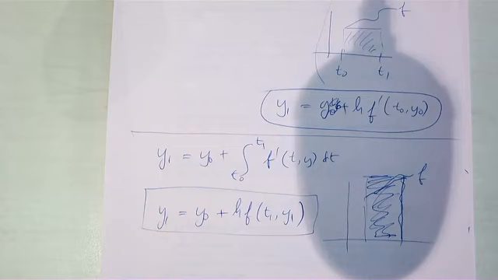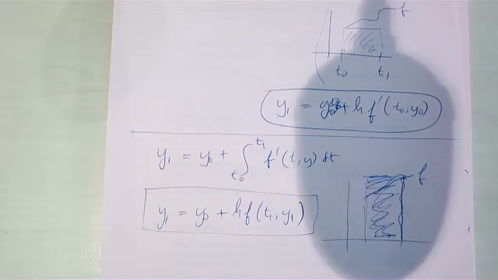It could be a nonlinear equation, depending on f. But you know how to do it, right? We studied fixed point iteration, Newton's method, the secant method. So you can solve it easily. That is the implicit Euler method.